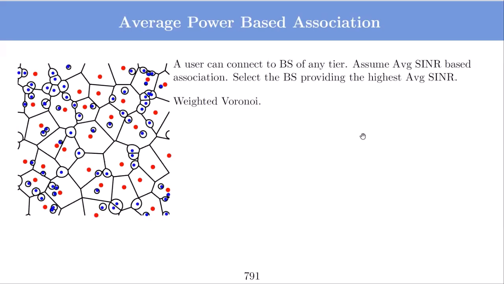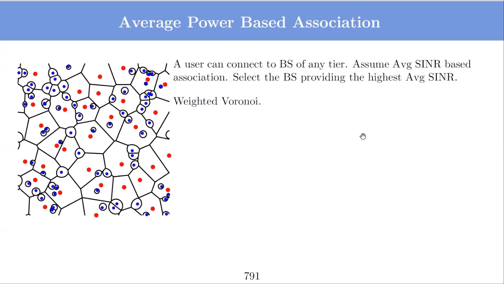The average power, if you remember, is the multiplication of transmit power and path loss, which is norm x to the minus alpha. So this is not just about distance, but it is also weighted by the transmit power. If some base station has a very huge transmit power, its coverage area will naturally be bigger.